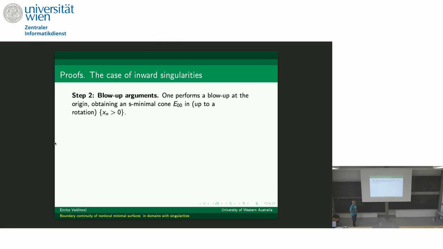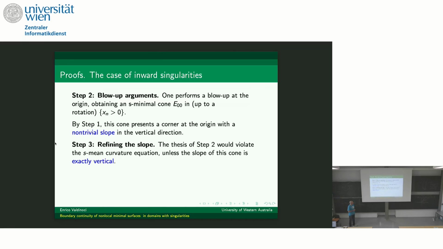Well, when you have a slope, you perform a blow-up, you get a cone with a slope, but then you check that once you have a cone with a slope, the slope has to be exactly vertical, otherwise you violate the limit equation.